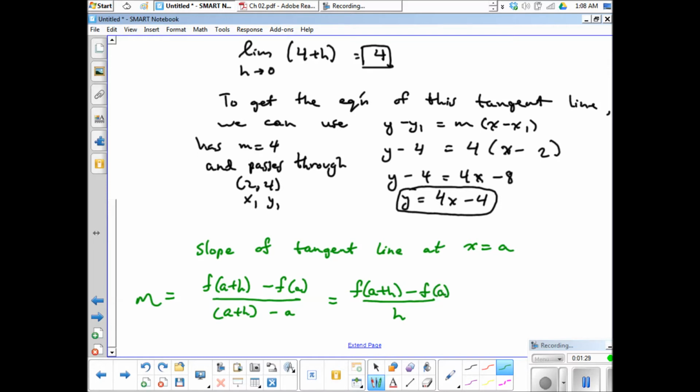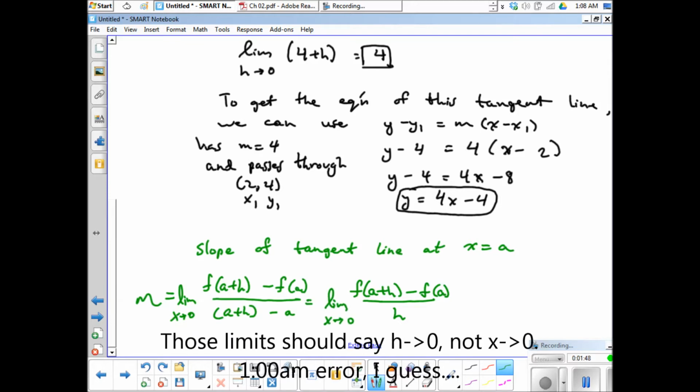Okay, so this was with a limit applied, remember? Eventually, we had to put in a limit for that to get the true tangent, see? But this is something you definitely want to memorize.